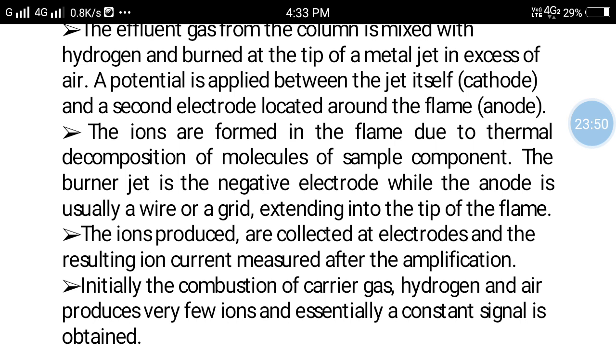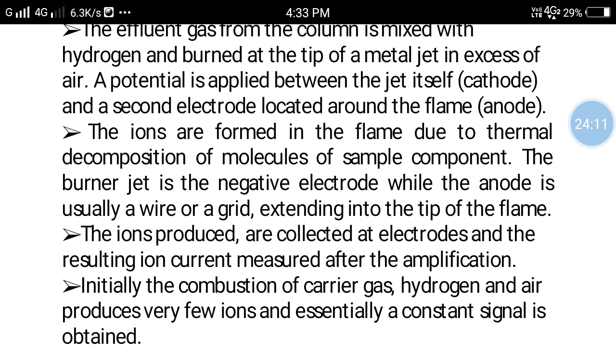The ions are formed in the flame due to thermal decomposition of molecules of the sample component. The burner jet is the negative electrode, while the anode is usually a wire or a grid extending into the tip of the flame. The ions produced are collected at the electrode and the resulting ion current is measured after amplification.